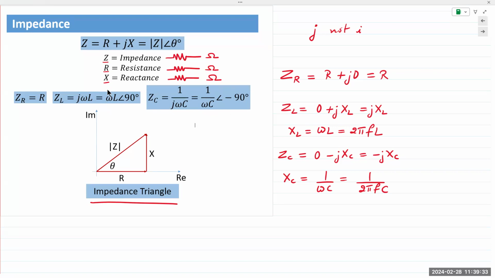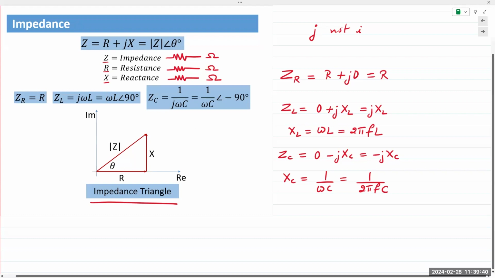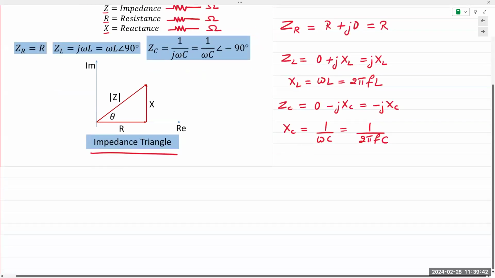Okay. All right. So remember, I talked about phase on Monday. Phase shift or phase difference between two or more waveforms. If one waveform arrives at 0 ahead of another waveform, we say it is leading the other waveform. Or if it's behind, we say it's lagging the other waveform. For a capacitor and for an inductor, the voltage and current are not in phase. For a resistor, they are in phase.